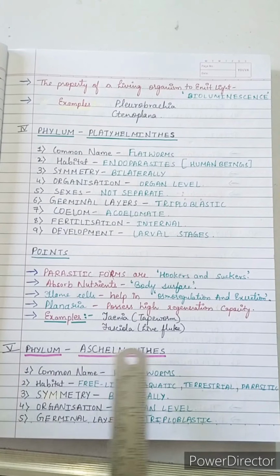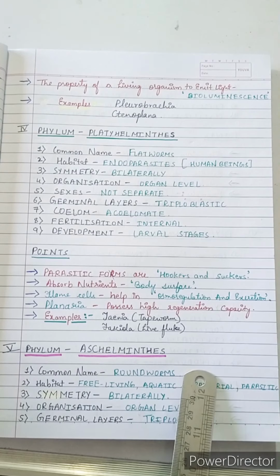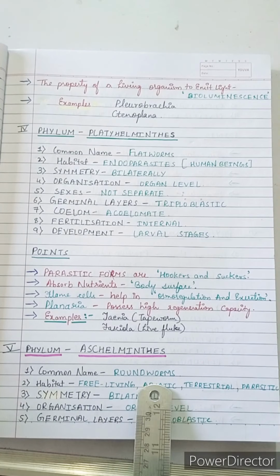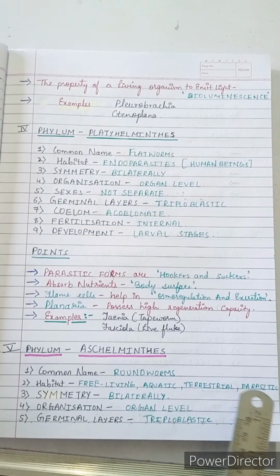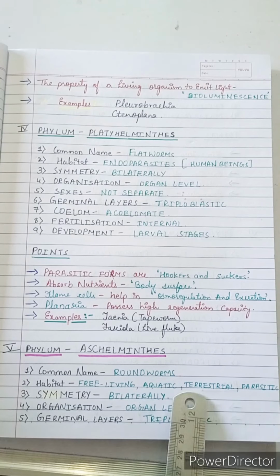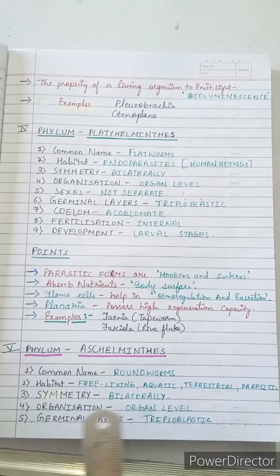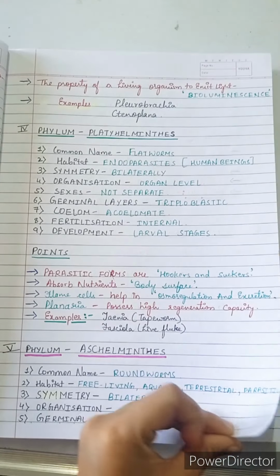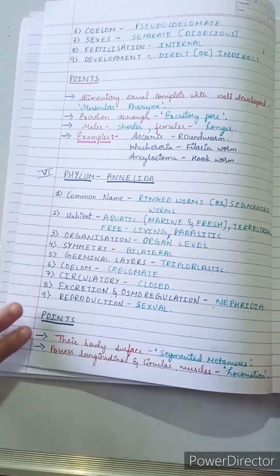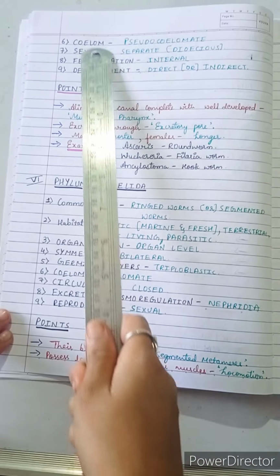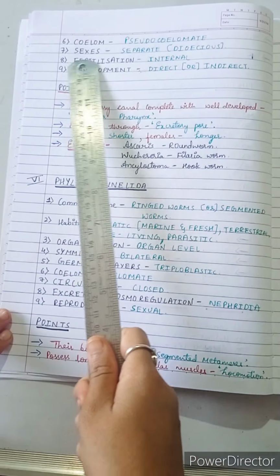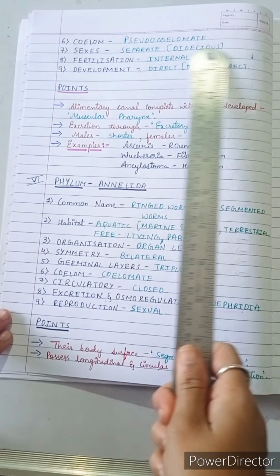Next is phylum Aschelminthes. Common name: roundworms. Habitat: free living, aquatic, terrestrial, parasitic. Symmetry: bilateral. Organization: organ level. Germinal layers: triploblastic. We are going to see the coelom is pseudocoelomate. Sexes are separate, that is dioecious.